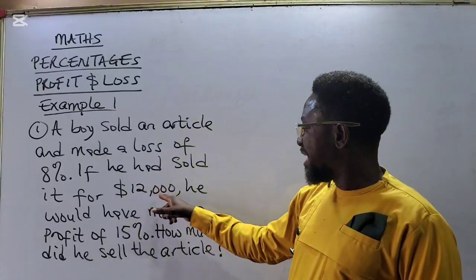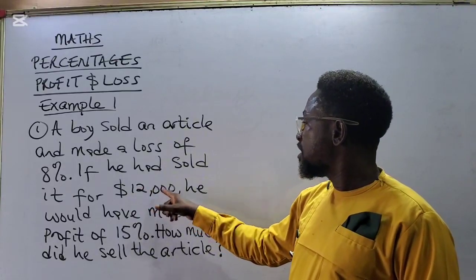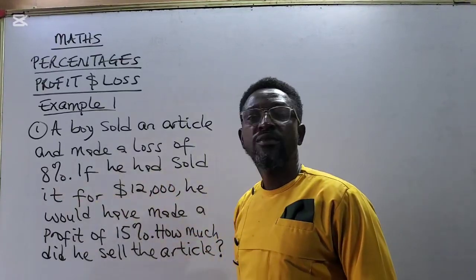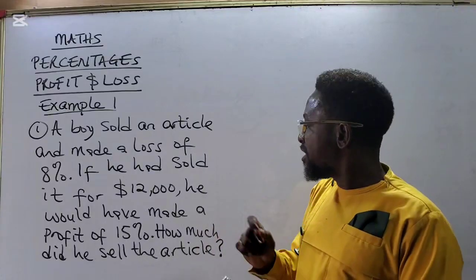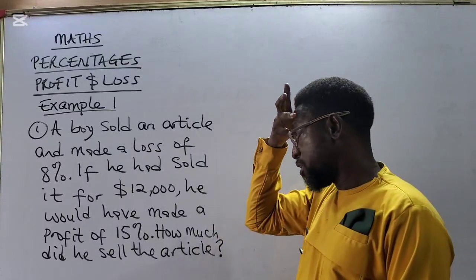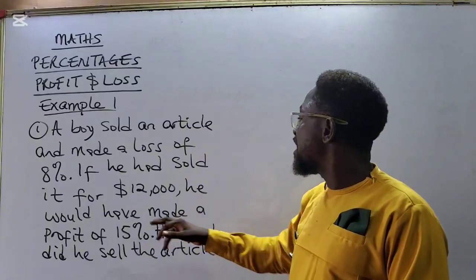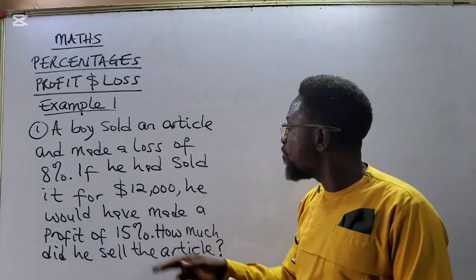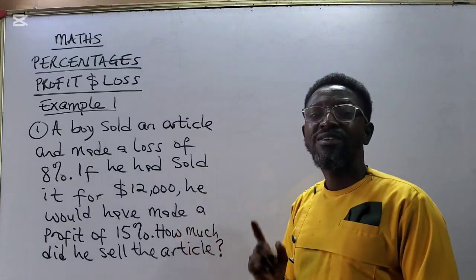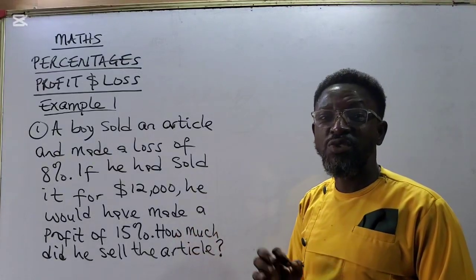He sold it for less than $12,000. That is why he made a loss. So the amount he sold the article for is definitely less than 12,000. If you calculate and get something above 12,000, you should know automatically that your answer is wrong.